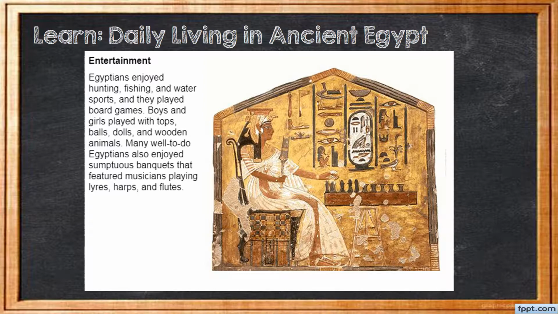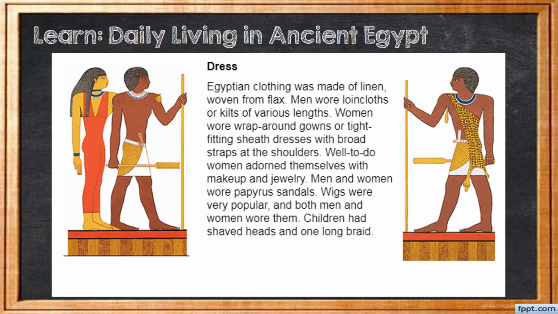What about their entertainment? Egyptians enjoyed hunting, fishing, and water sports, and they played board games. Boys and girls played with animals, and many well-to-do or wealthy Egyptians also enjoyed sumptuous banquets that featured musicians playing lyres, harps, and flutes. And what about how they dressed? Egyptian clothing was made of linen woven from flax.